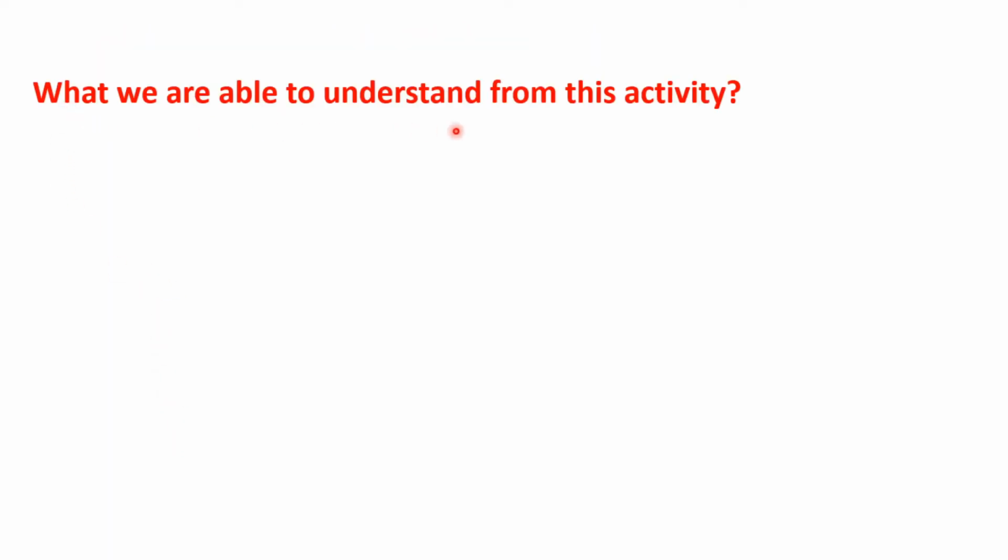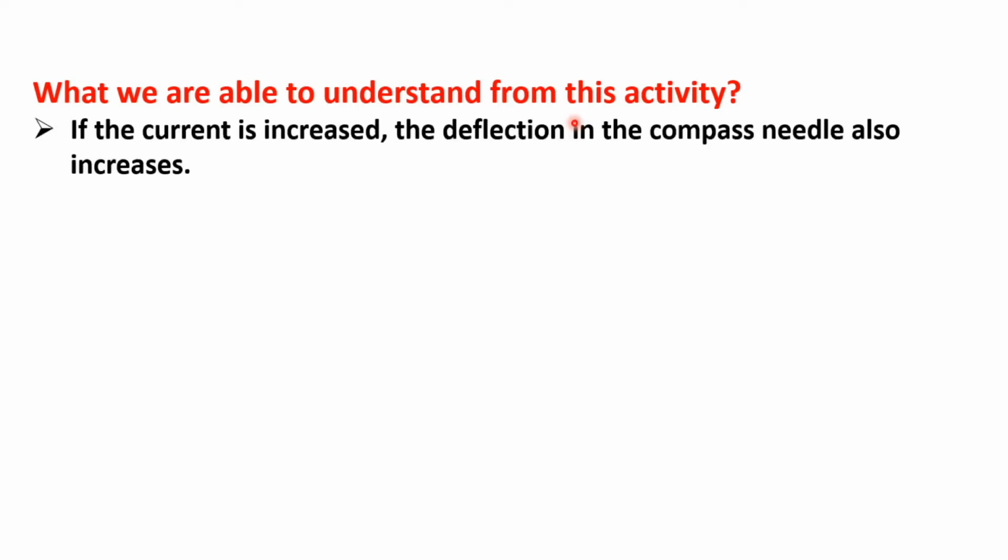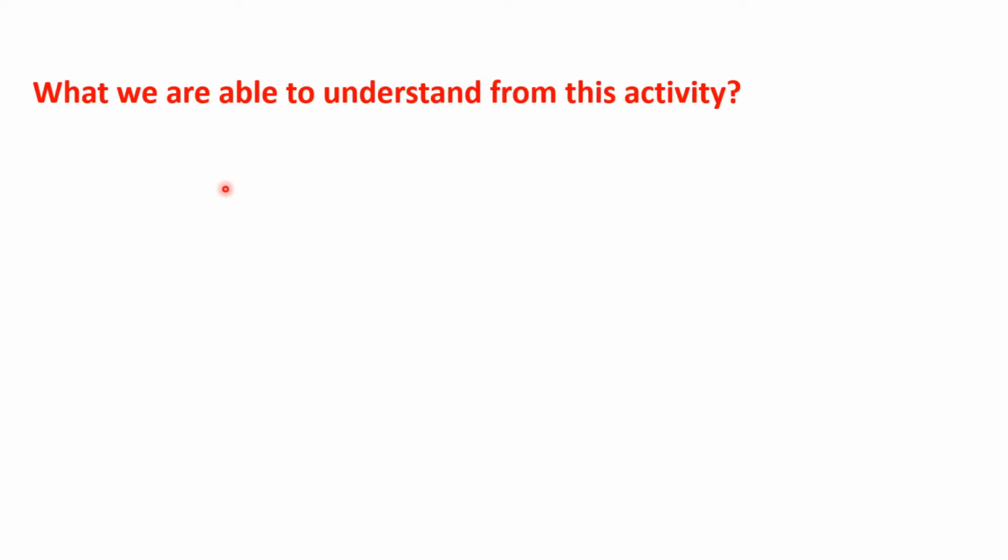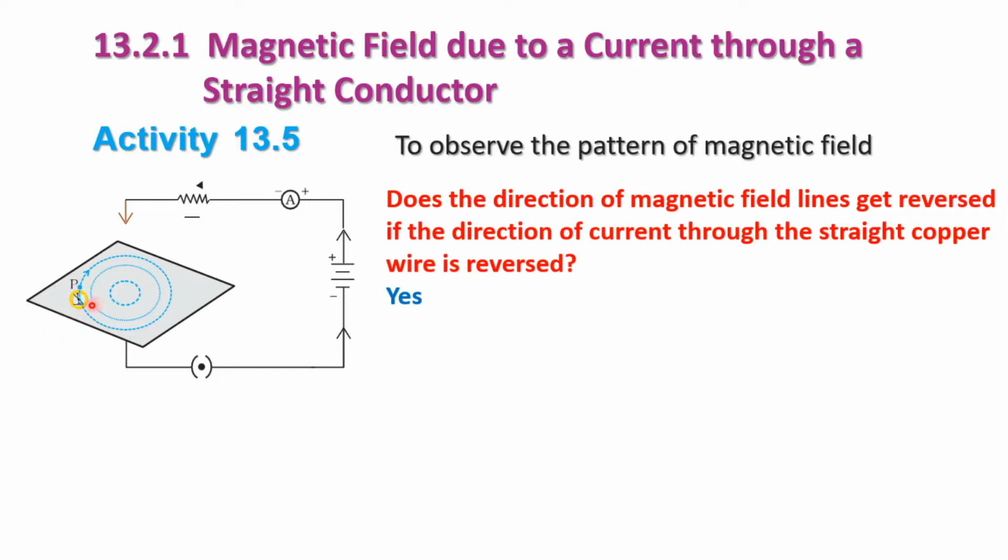What are we able to understand from this activity? If the current is increased, the deflection in the compass needle also increases. See, we are going to keep this compass over here and we will find that in this first concentric circle, the deflection will be more in the compass needle.